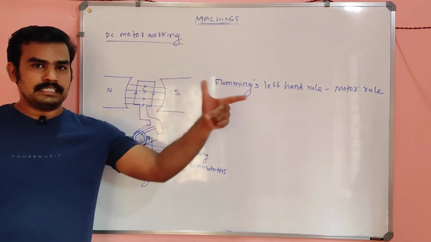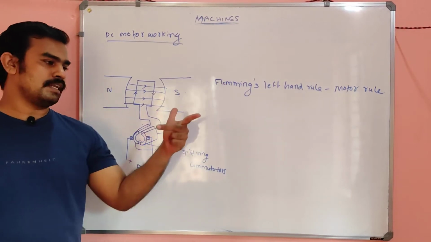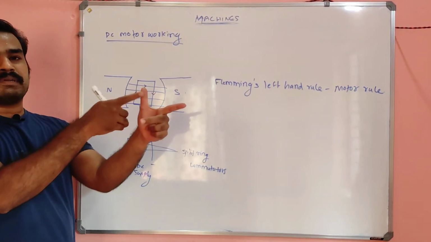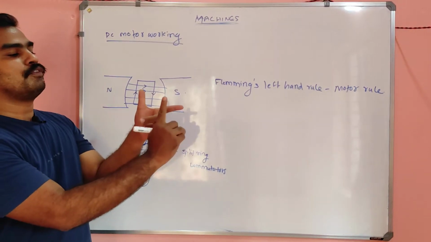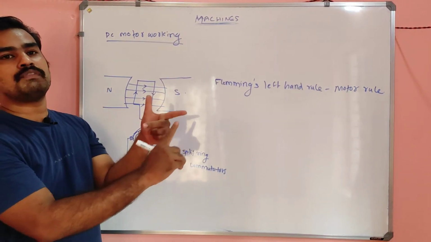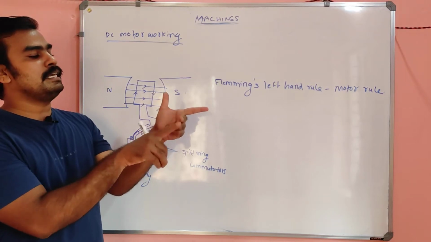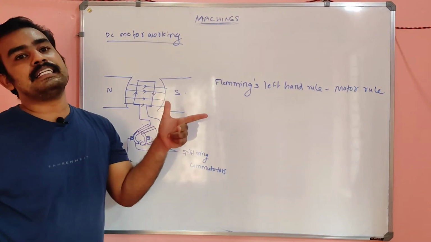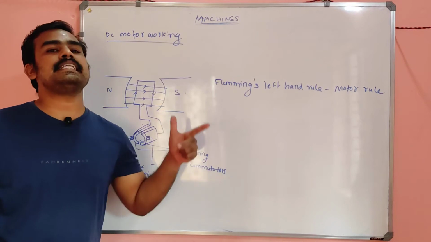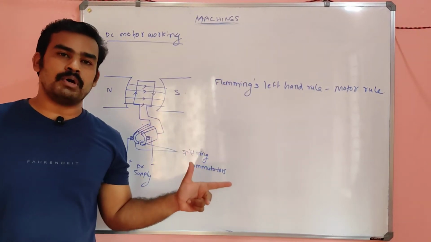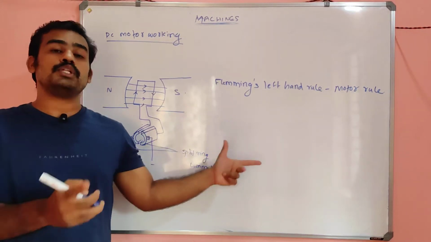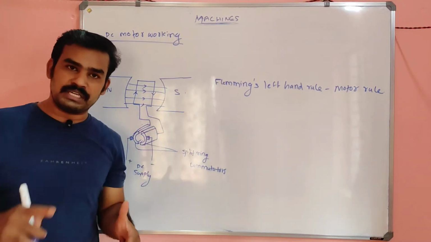The thumb represents the direction of the force, the forefinger represents the direction of the magnetic field, and the middle finger represents the direction of the current. Based on this rule the DC motor is working.